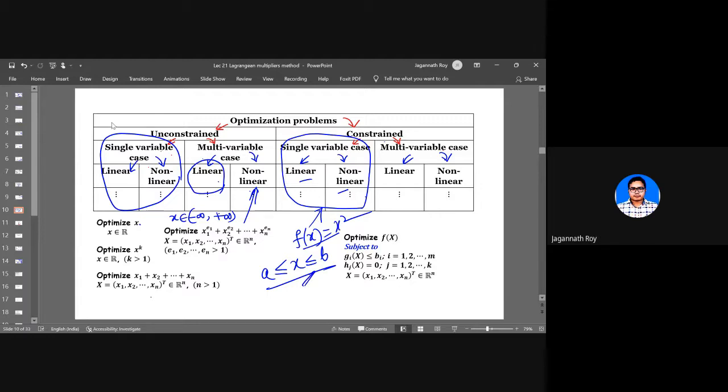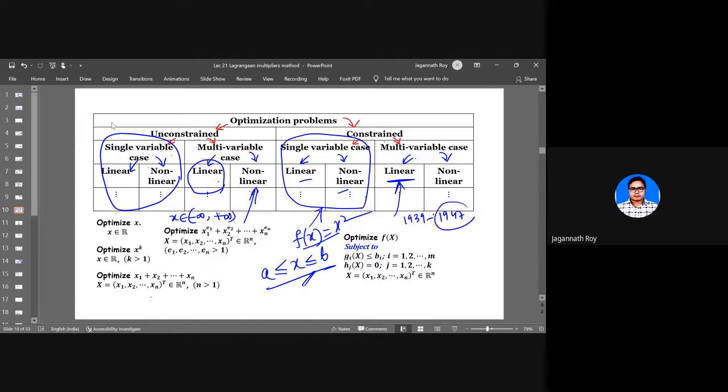So that's one constraint. Okay, the difficulty arises when we have the multivariable case. Even if it is the linear case, it took several years to solve, from 1939 to 1947.